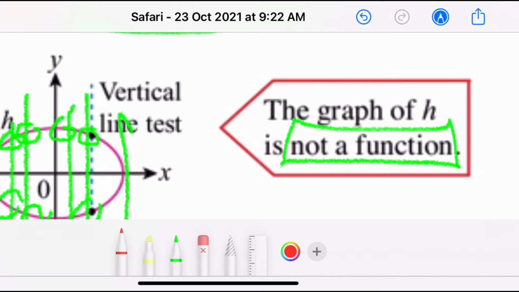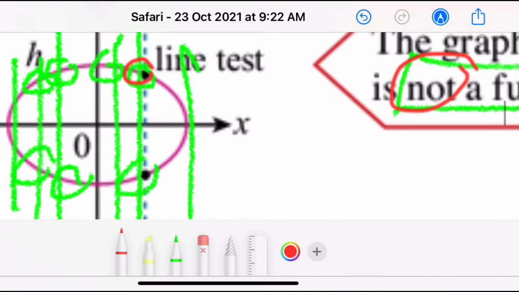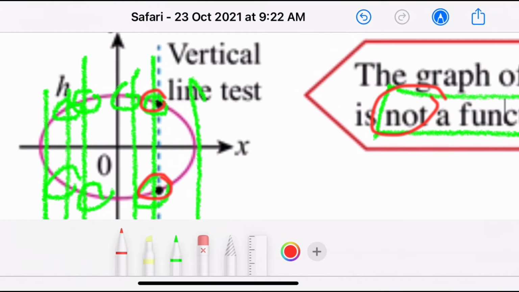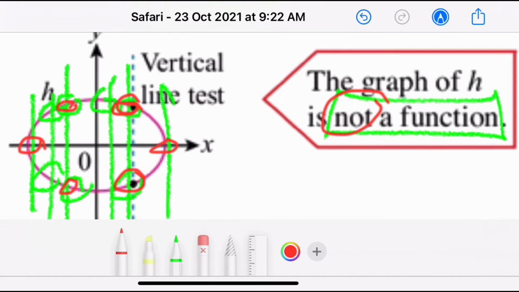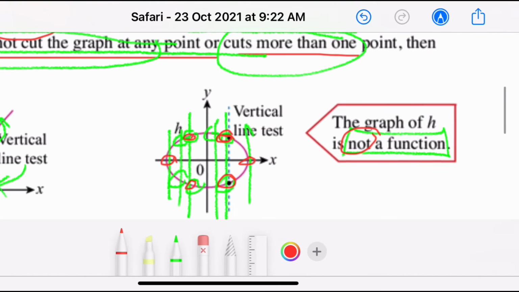Why? Because so long as there is an intersection of more than one point, even though there is one point here, we have two intersection points for the vertical line test, so the graph is not a function.